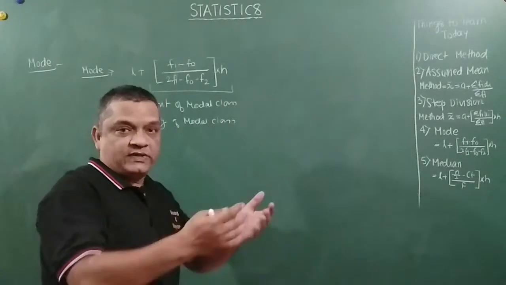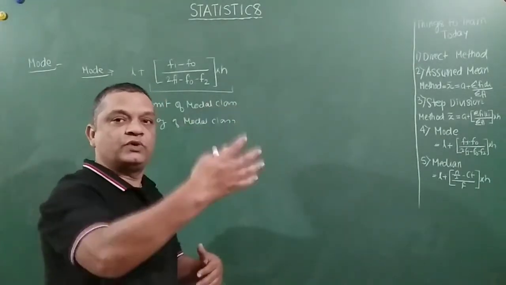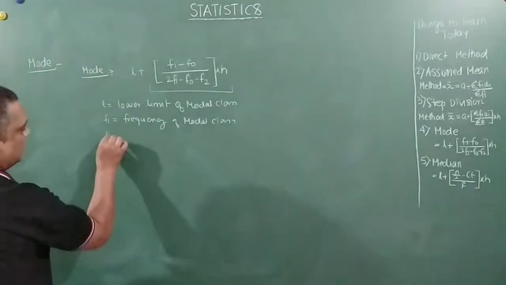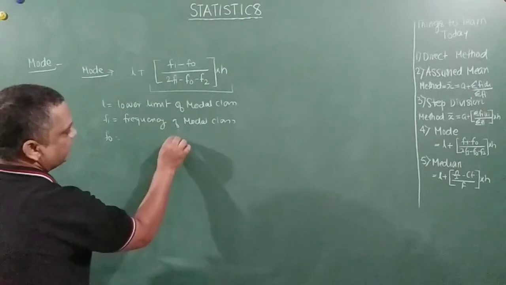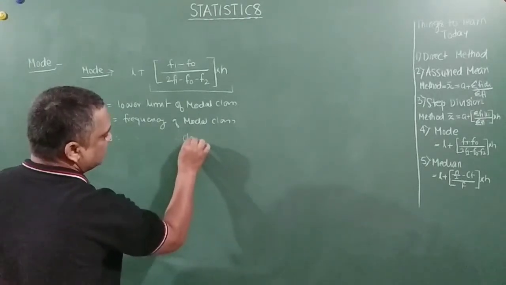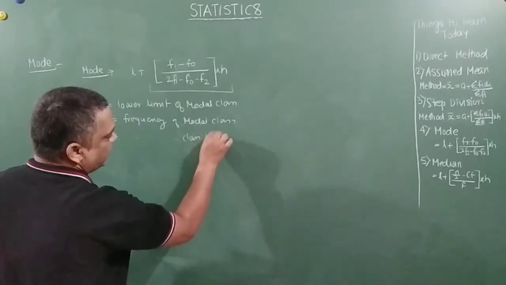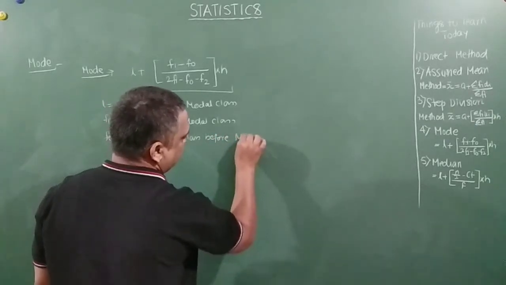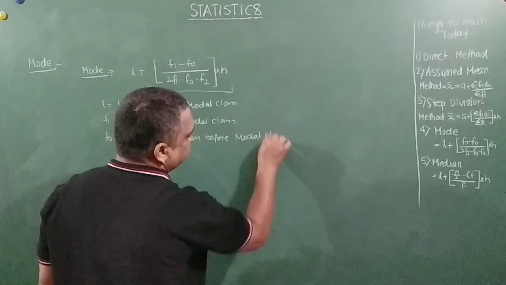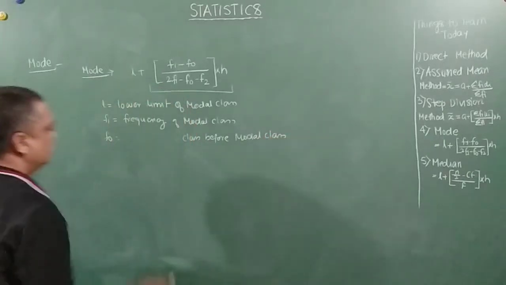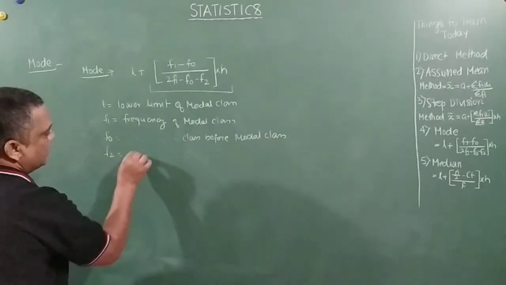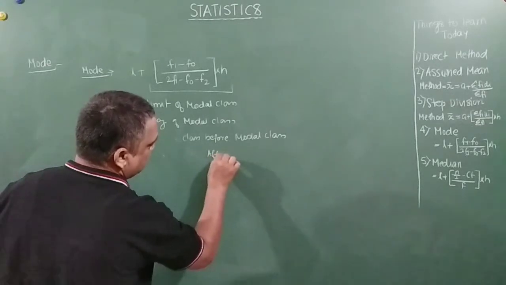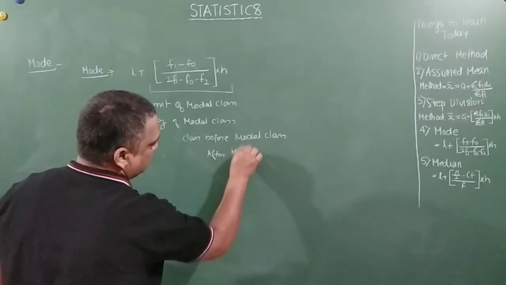F0 is the frequency of the class before, or preceding, the modal class, and F2 is the frequency of the class after the modal class.